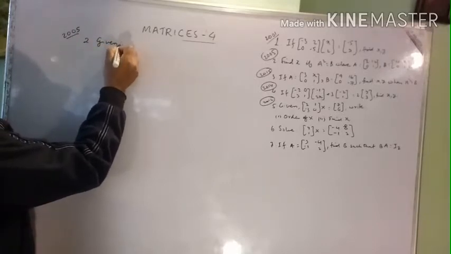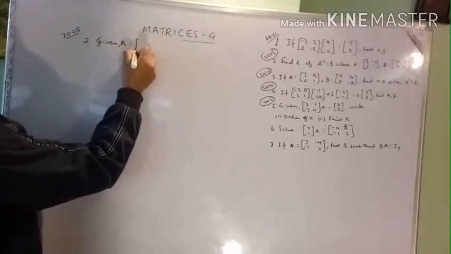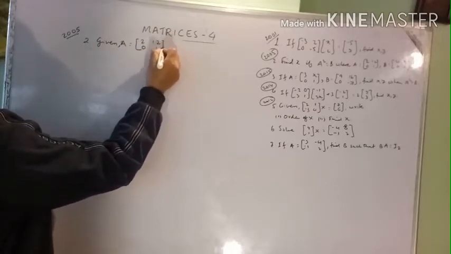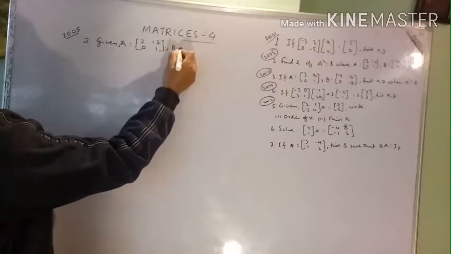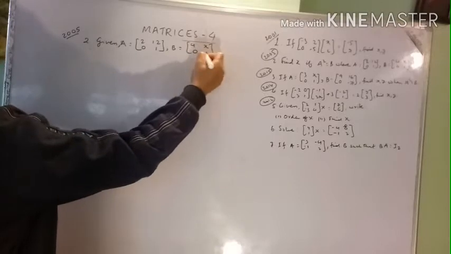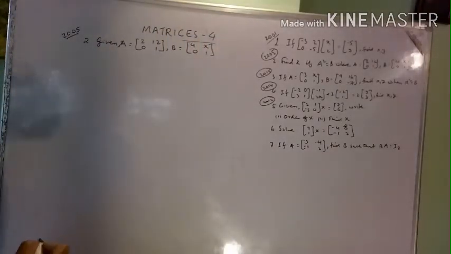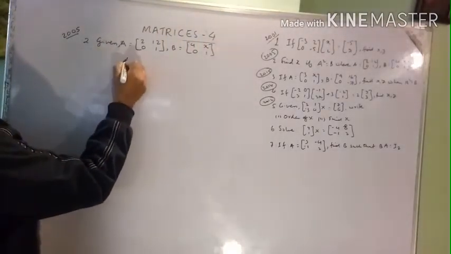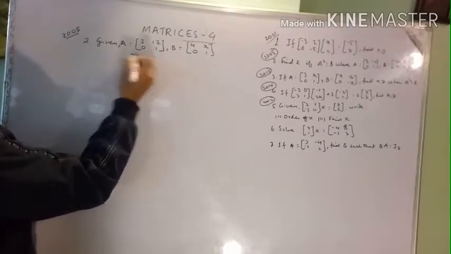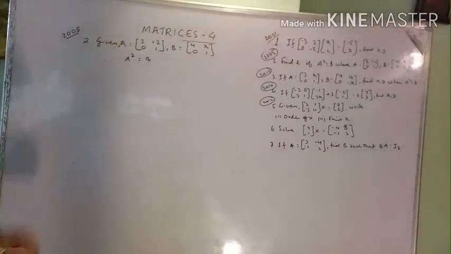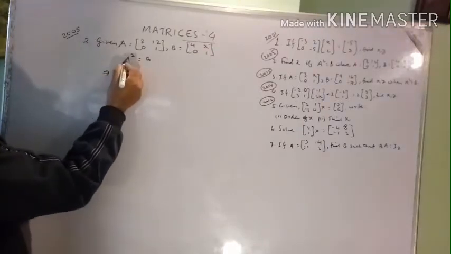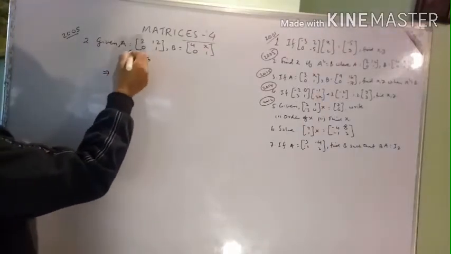Given A is equal to [2, 12; 0, 1] and B is equal to [4, x; 0, 1]. A and B are given, and also given the relation A square is equal to B. Now we have to find the value of unknown quantity x, which is in matrix B here.